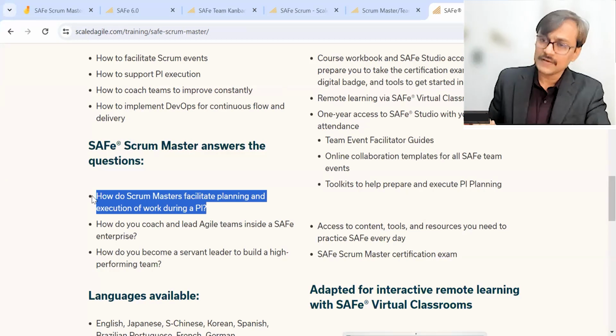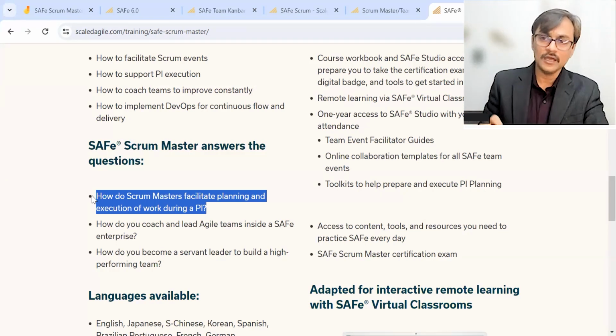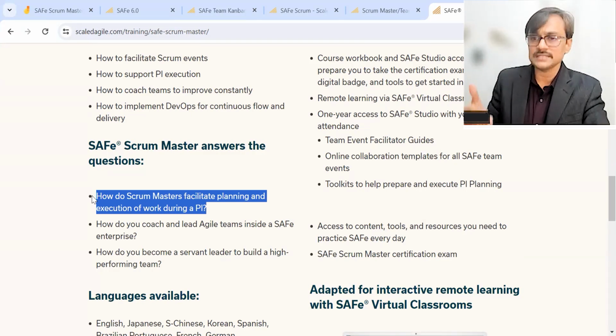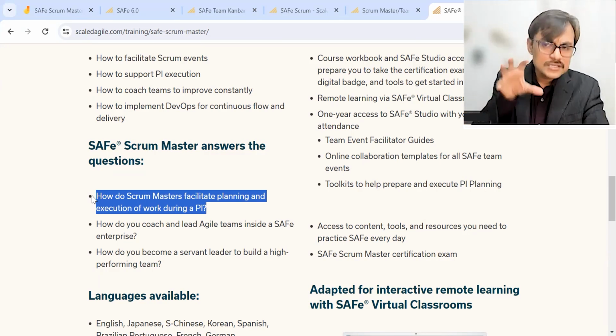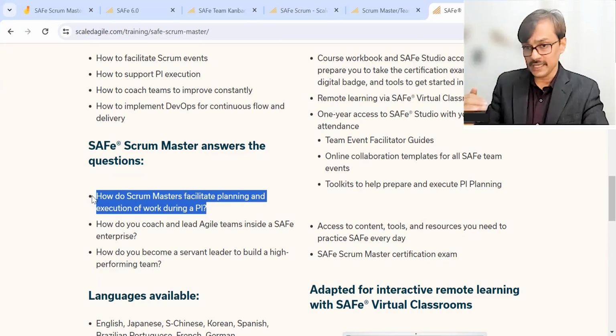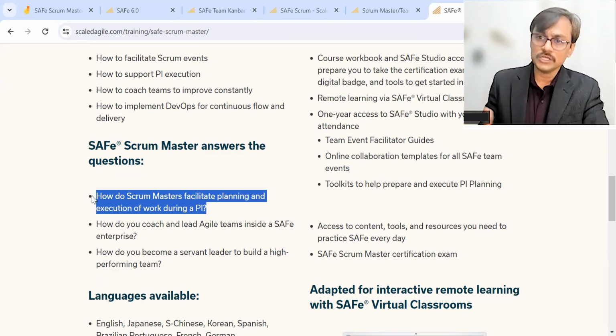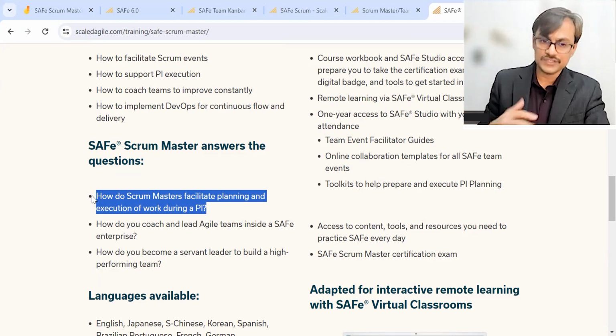How do you prioritize the team-level backlog? We also talk about patterns and anti-patterns which may occur in various meetings like iteration planning, reviews, and system demos. It is a deeper drill-down into each event, also focusing on soft behaviors which a Scrum Master should develop as a servant leader.